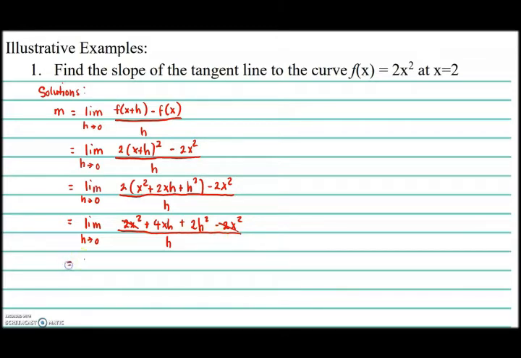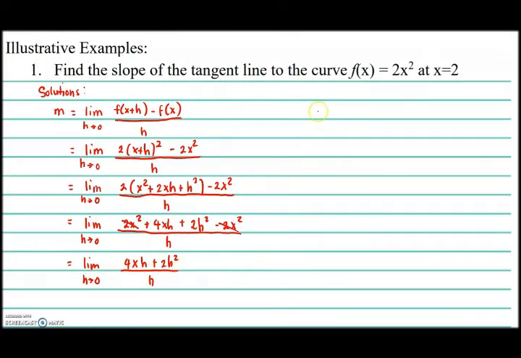So we are left with the limit of 4xh plus 2h squared all over h as h approaches 0. Now we cannot plug in 0 yet to h because it will make our expression undefined. So we will have to factor out the numerator.